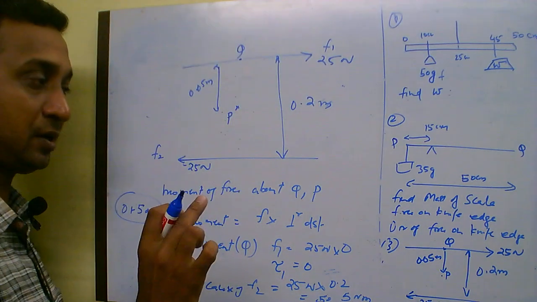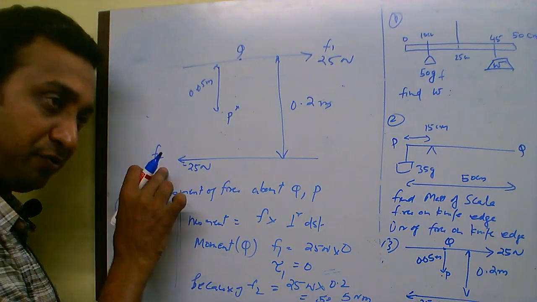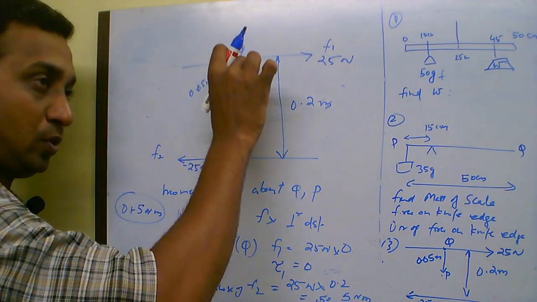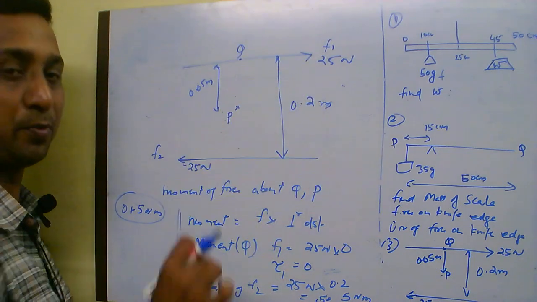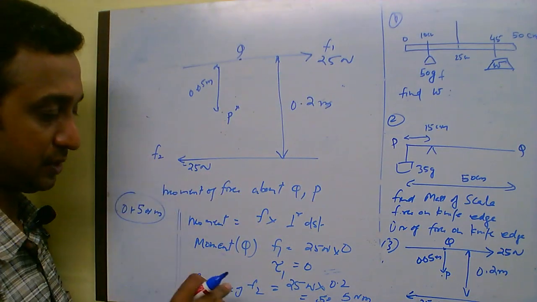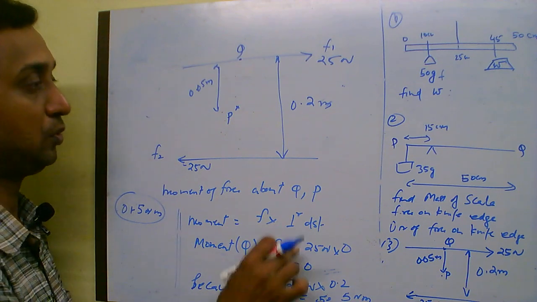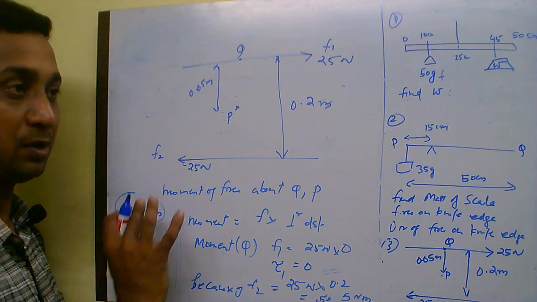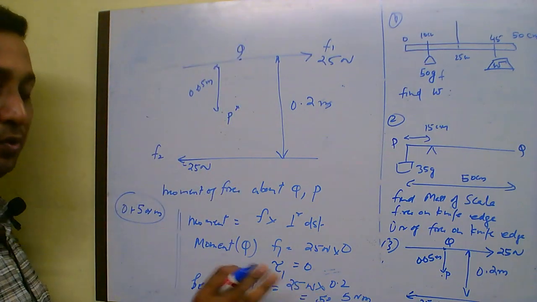There is no perpendicular distance, and F2 is exerting a moment about Q because it is at a distance of 0.2 meters. The moment exerted by F2 is equal to F2 into perpendicular distance. So you have 5 Newton meter. What is the total moment about Q? That is 5 Newton meter.